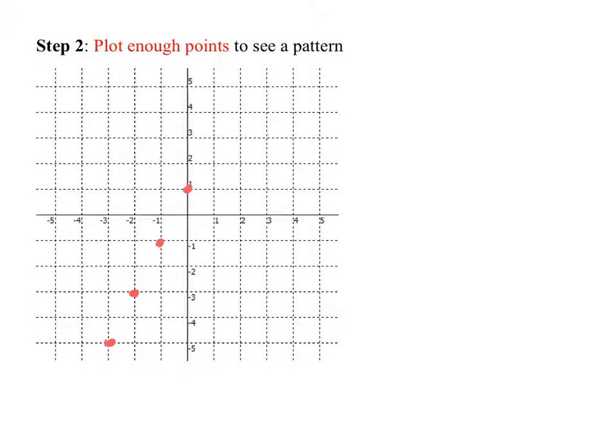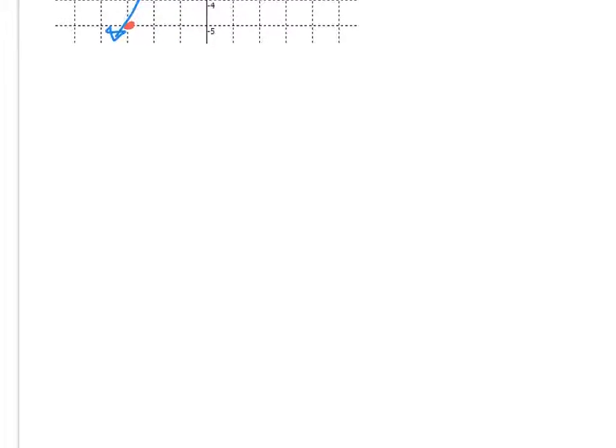Then we had 1, 3. And finally, we had 2, 5. And if we were to connect those with a perfectly straight line, there is the graph of that function rule. I think that's it on that slide.